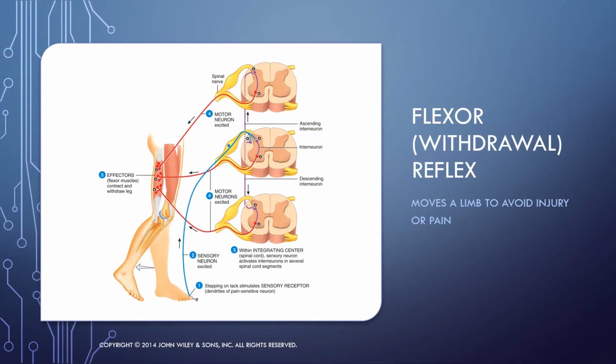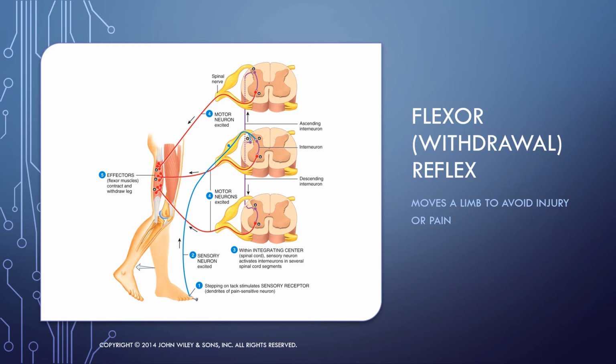A reflex involving a polysynaptic reflex arc occurs when, for instance, you step on a tack or a nail or something. Now, in response to such a painful stimulus, you immediately withdraw your leg. And this reflex is called a flexor or withdrawal reflex. And there are more steps than in the prior reflexes we've talked about.